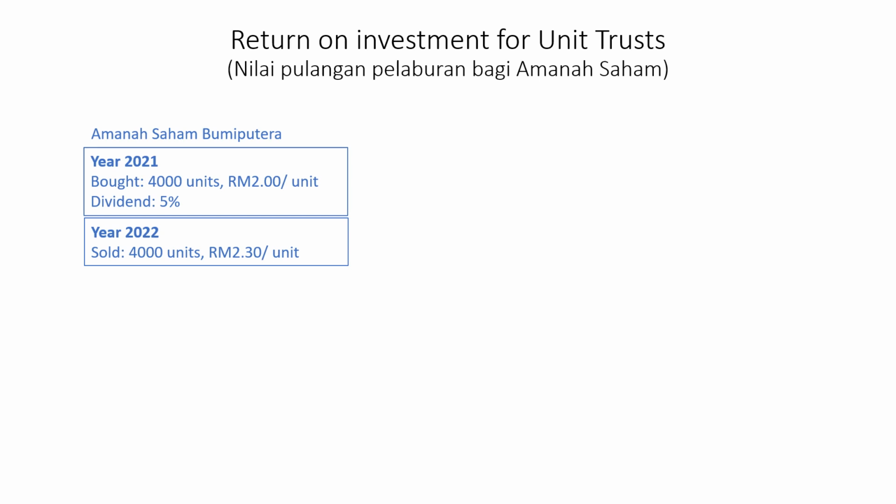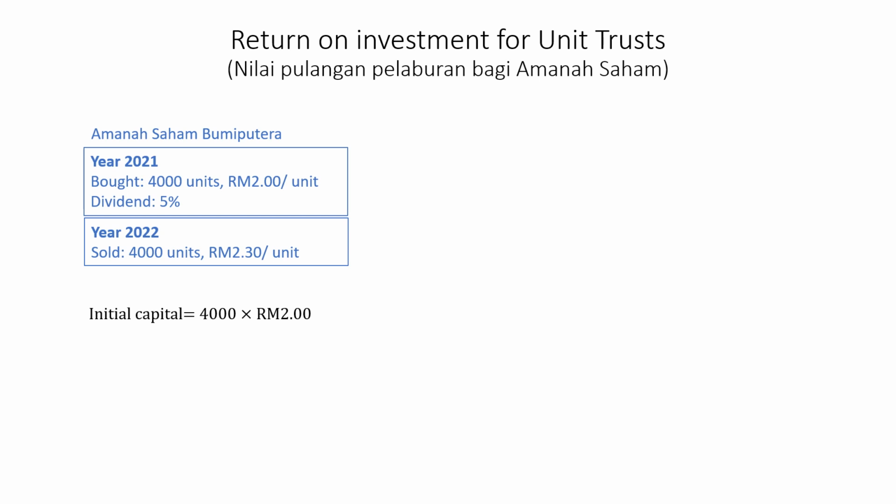In year 2021, I bought 4,000 units at 2 ringgit per unit, and at the end of the year we get a dividend of 5%. And for the next year, I sold all the 4,000 units for 2 ringgit 30 cents per unit.